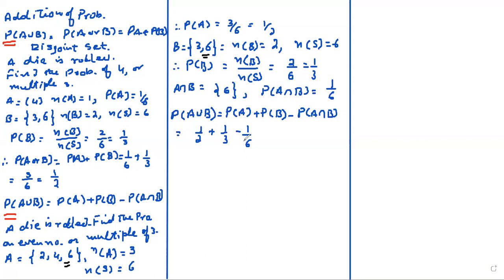So the answer will be very easy: 1 over 2 plus 1 over 3 minus 1 over 6 equals 5 over 6 minus 1 over 6 equals 4 over 6 equals 2 over 3. So probability of A union B equals 2 over 3.